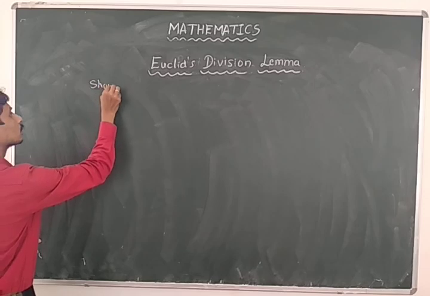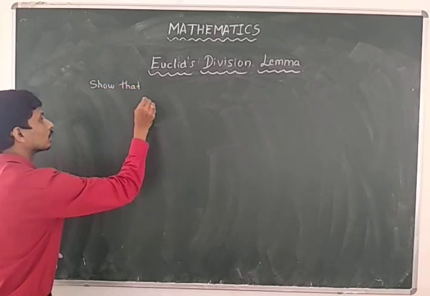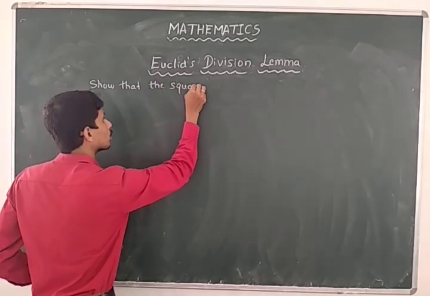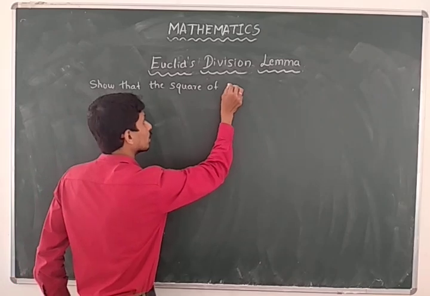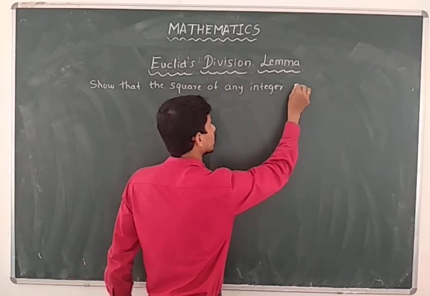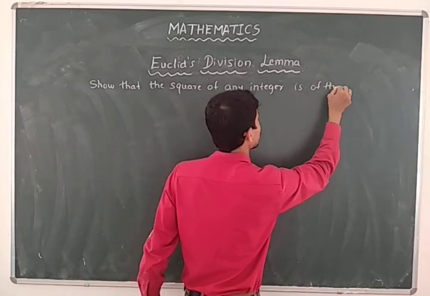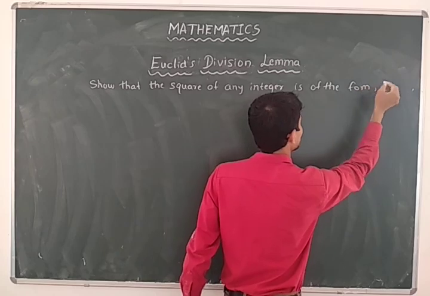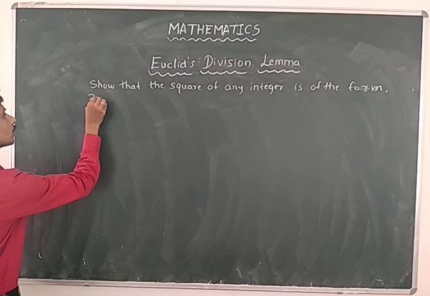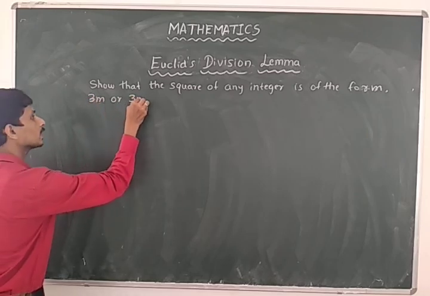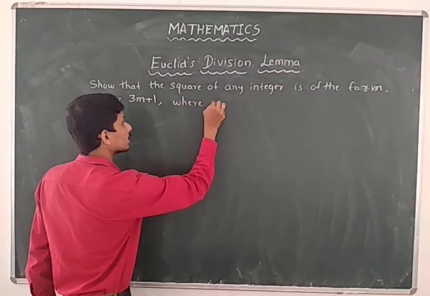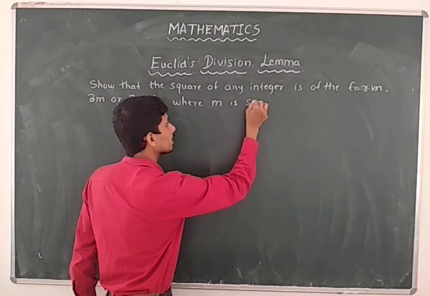Show that the square of any integer is of the form 3m or 3m plus 1, where m is some integer.